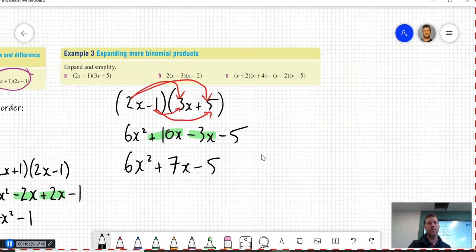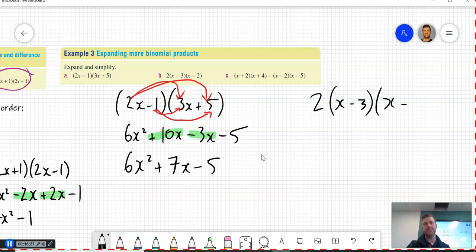It's got a number and then 2 sets of brackets. What I'm going to do is do the 2 sets of brackets first using the FOIL rule. So I'm just going to focus on this section first. I'm still going to keep the 2 out the front. I'm going to have a bracket there because I'm going to go through the process of using the FOIL rule just with these 2 sets of brackets.